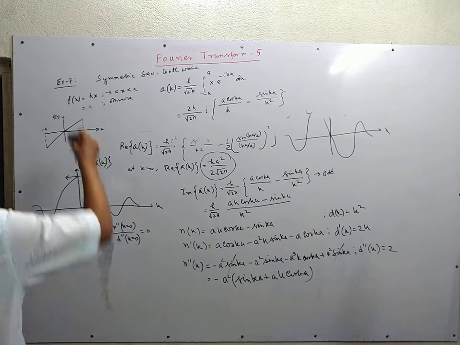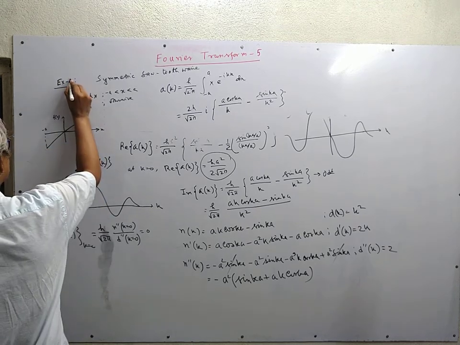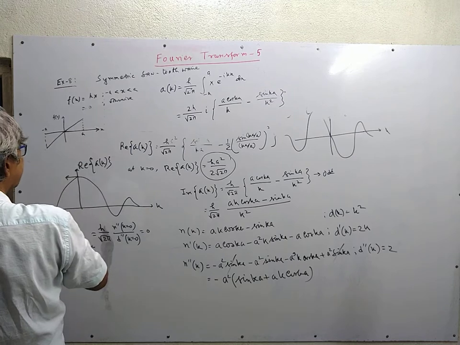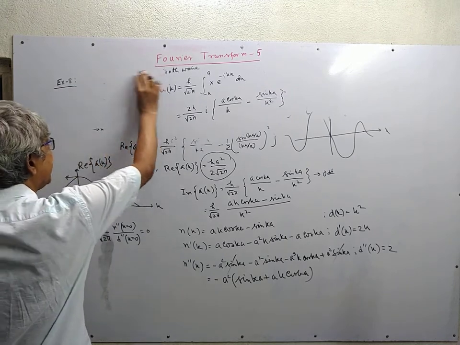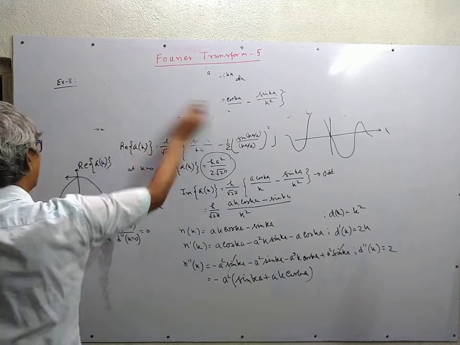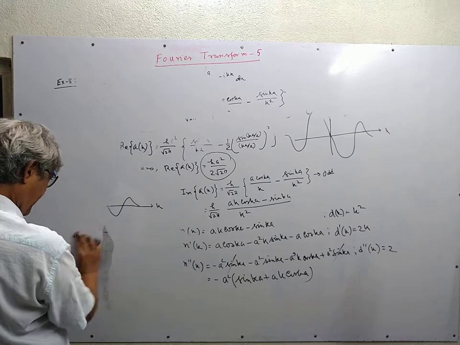As the eighth example and the last example of this class, we consider the step function. This is actually the Heaviside step function. Forget about the name, let us define the function and see what happens.